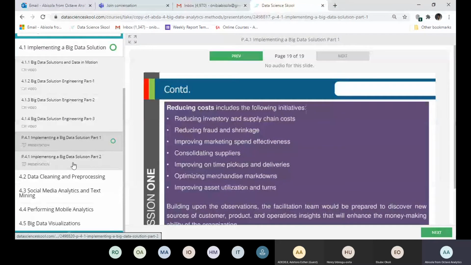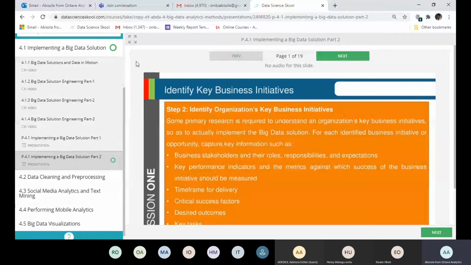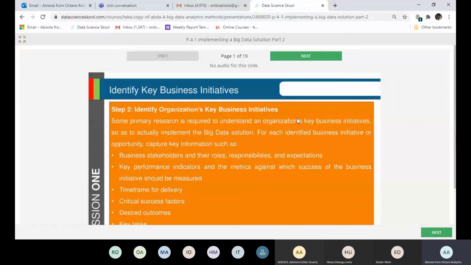Time is running out. That's why I'm rushing through. So pardon me, I will have to finish this today. Let's finish this today. So step 2. So step 1 was, oh God, please give me a minute.